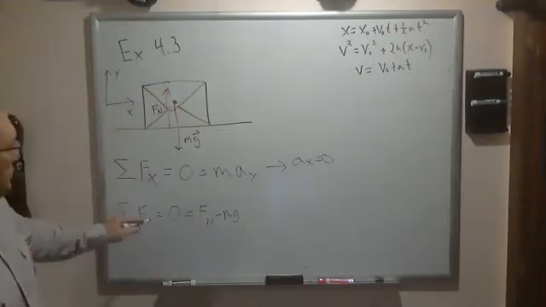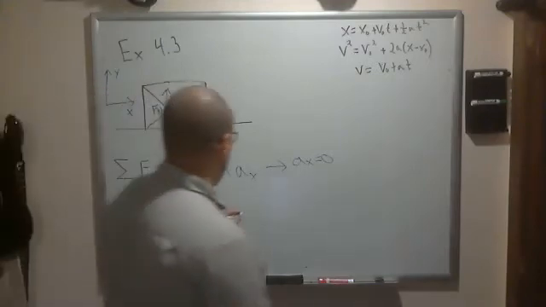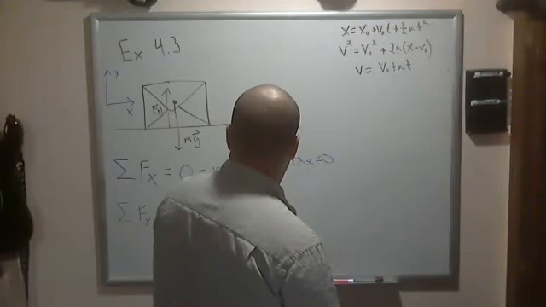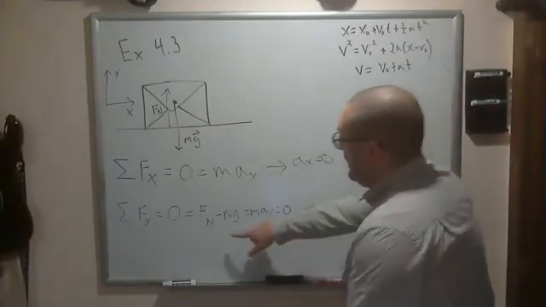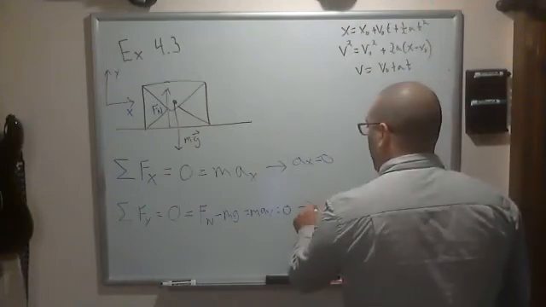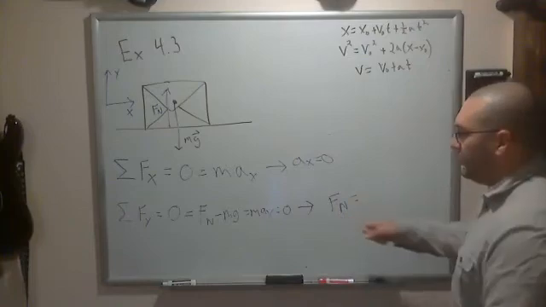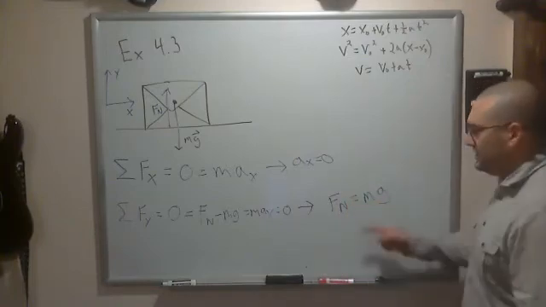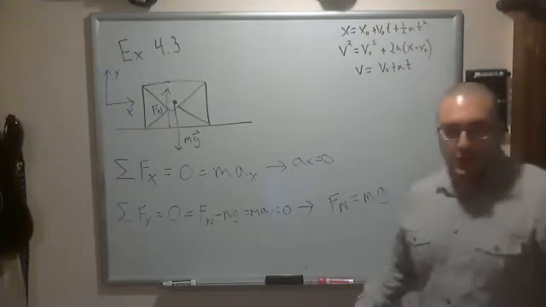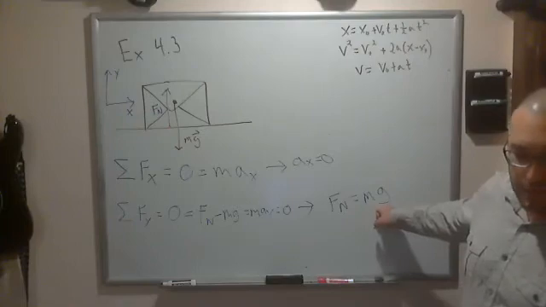And these are in the Y direction. They're equal and opposite. We know that this is 0. And based on this, we know then that the normal force is equal to the mass times G. So if we can measure this normal force, we can determine the mass of the object.